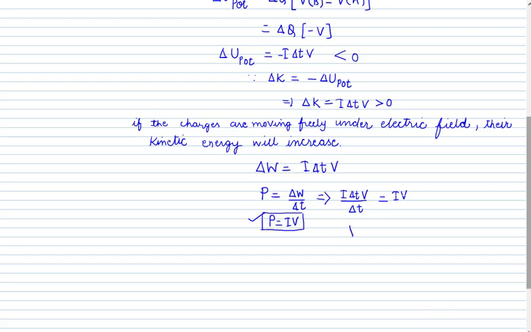V is equal to IR. So we can also substitute this V as IR. So put the value of V, it is IR, that means it will be I square R. So P is equal to, either you can use I square R or you can use I into V. But it depends on the condition of the numerical, which formula you have to apply.